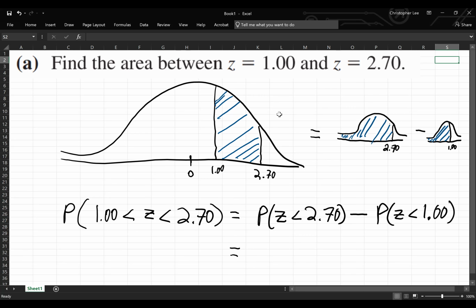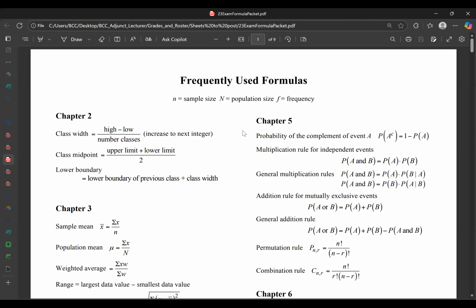Anyway, we're doing a normal distribution, so we have to use a normal distribution table. When you're on your formula sheet, what you want to do is turn to the page where the normal distribution is.